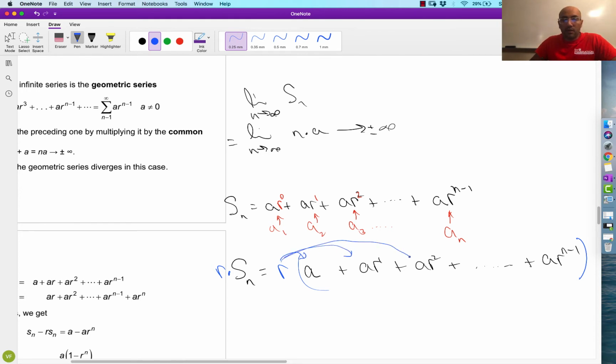On the right-hand side, each one of these terms is going to get an extra factor of r. So I'll end up with r times s sub n equals ar plus ar squared plus ar cubed plus and so on. I just added one extra r to the first power where there was no r, then r squared where there used to be 1, then r cubed, and so forth.